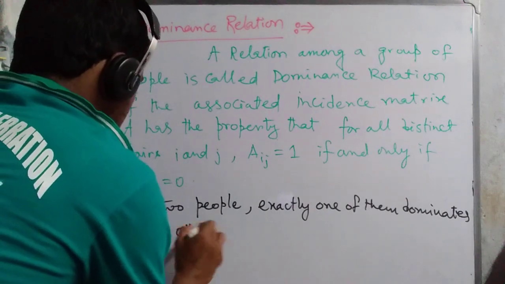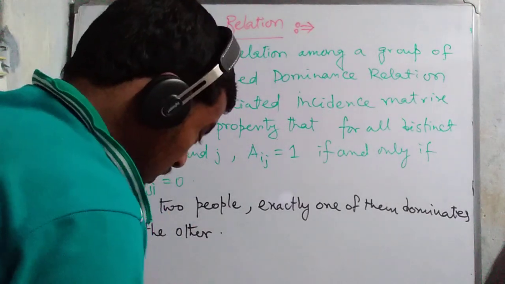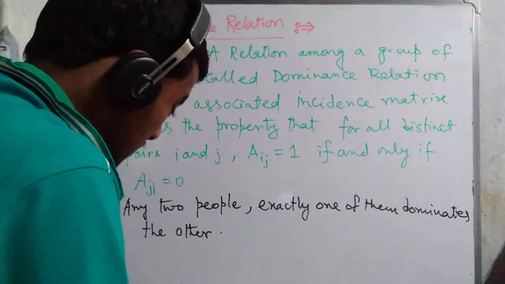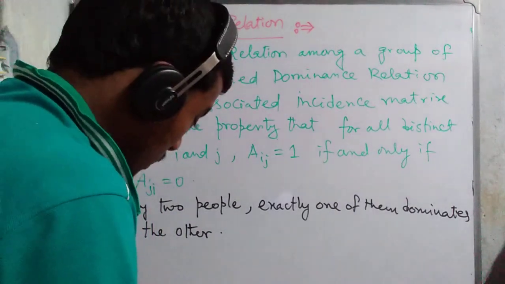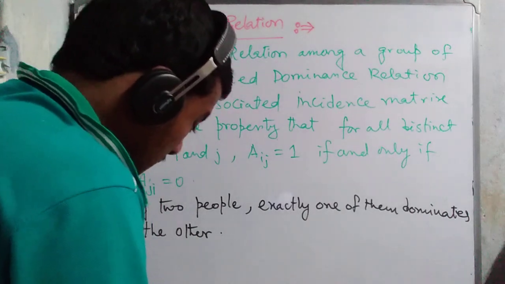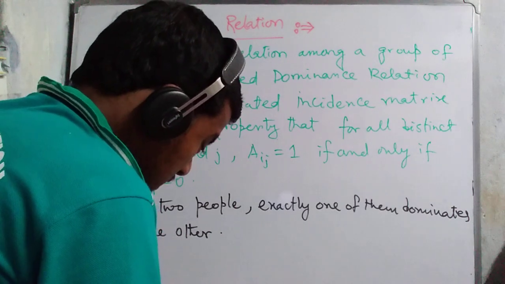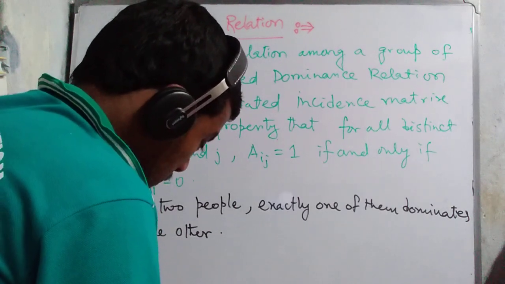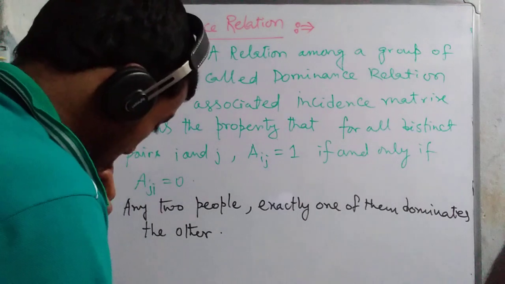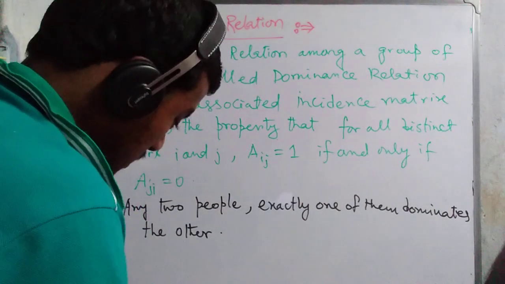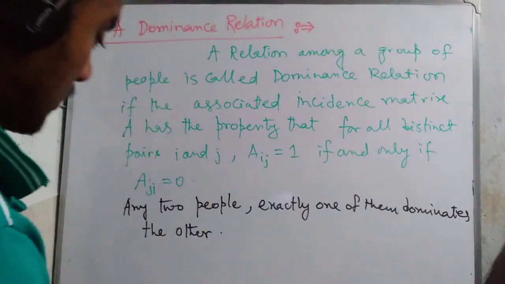Understood? Not a problem at all. Now, since A is an incidence matrix, Aii equal to 0 for all i, then A plus A squared has a row in which each entry is positive except for the diagonal entry. And obviously this matrix gives a dominance relation.